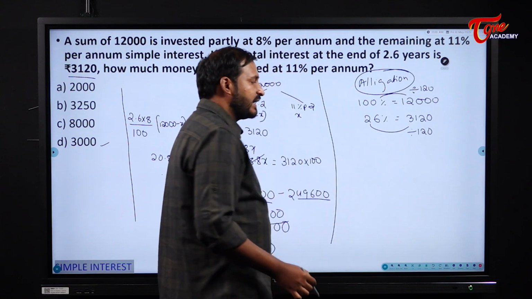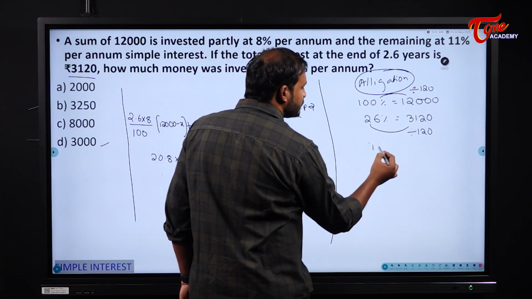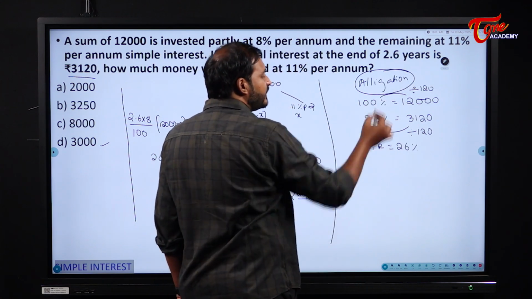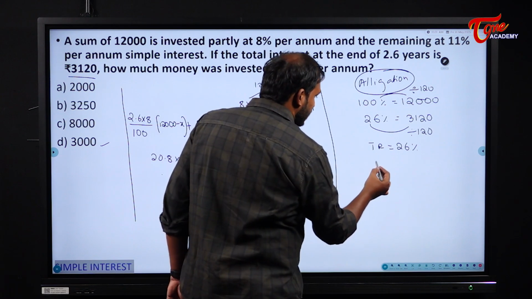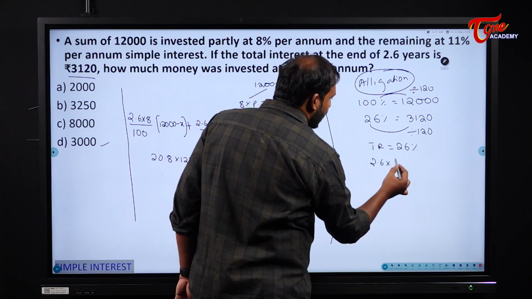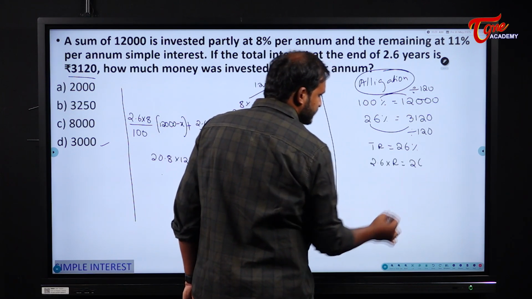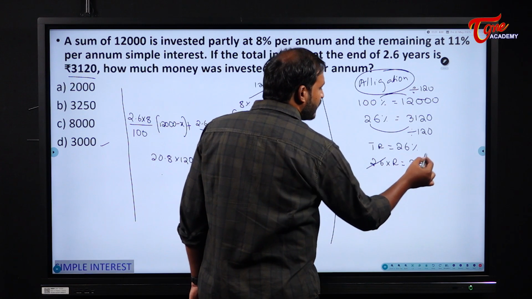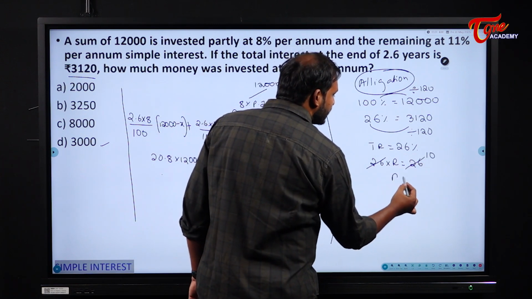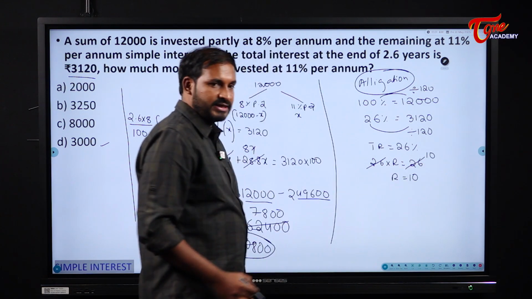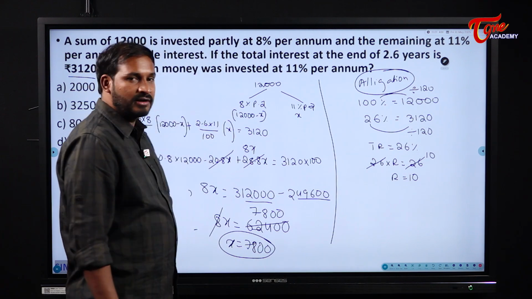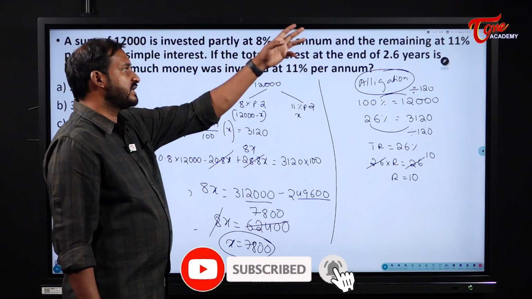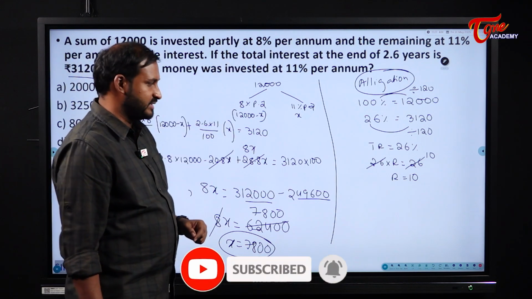So that means here the interest percentage is how much, students? 26%. And they gave us time period as 2.6. That means 2.6 into R is equal to what? 26. So rate of interest is here how much? 10%. Overall rate of interest. Okay, good, super. Now, some part is given at 8% and some part at 11%.